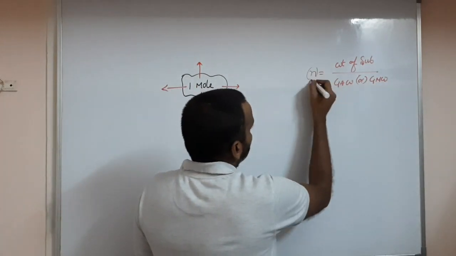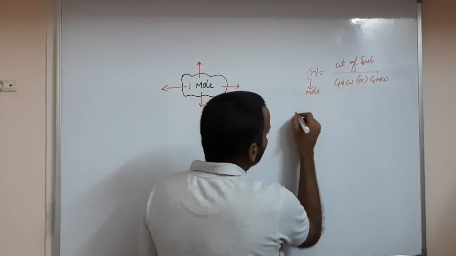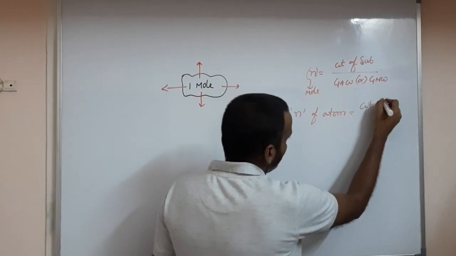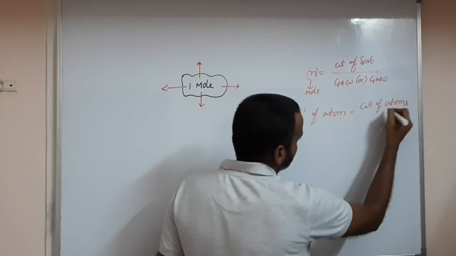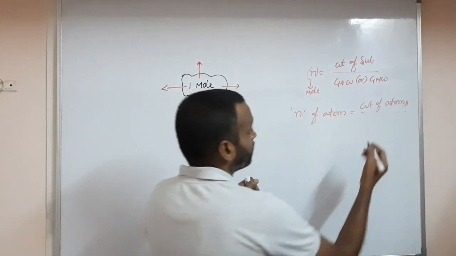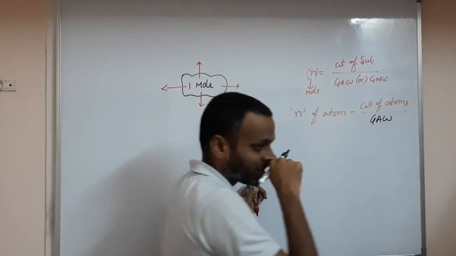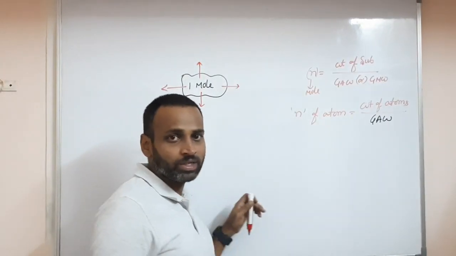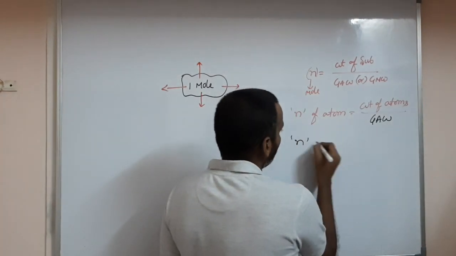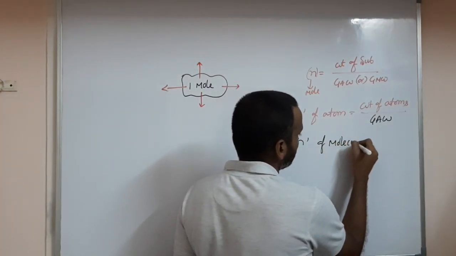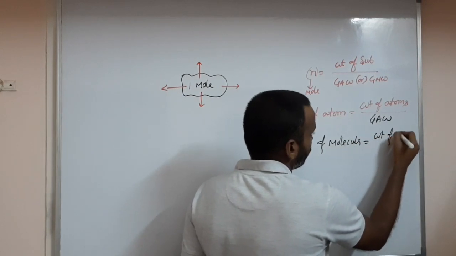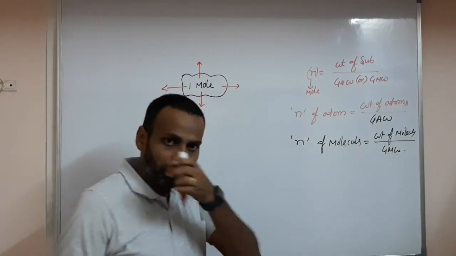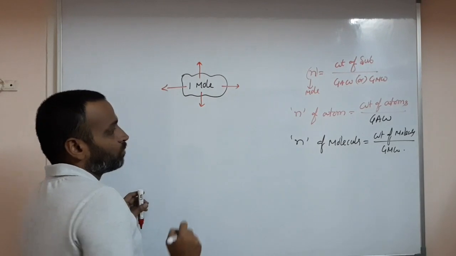If n is number of moles of any particular atom, then weight of atoms by gram atomic weight. Gram atomic weight of 30 elements you should know already, and you must remember. Number of moles of any particular molecule is weight of molecules by gram molecular weight, like this. Please remember.